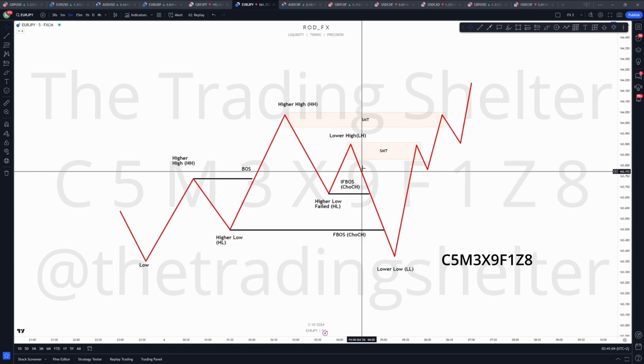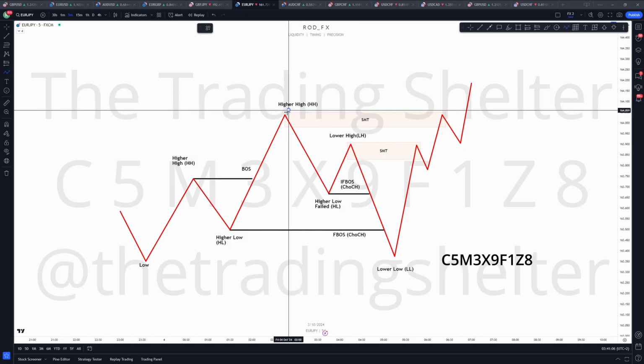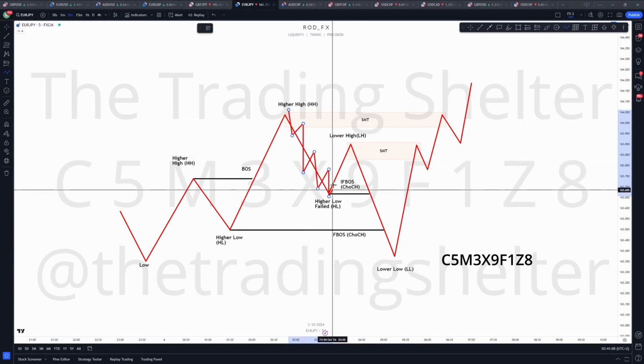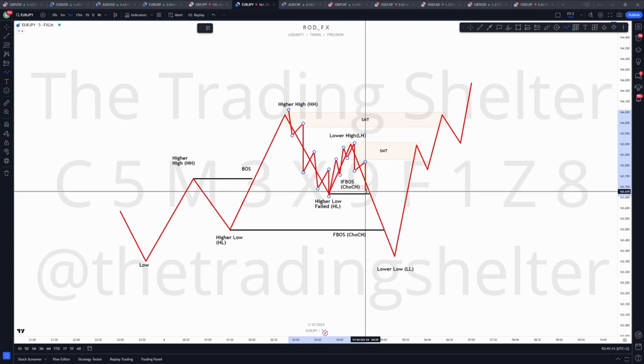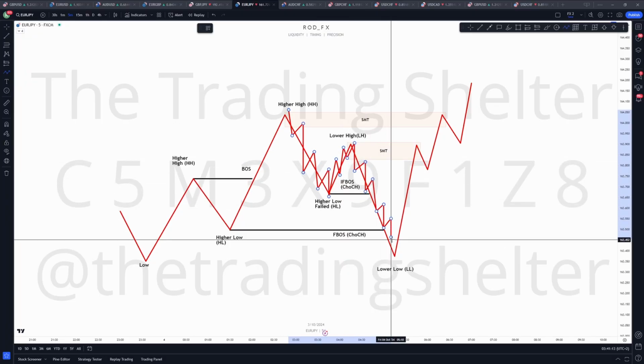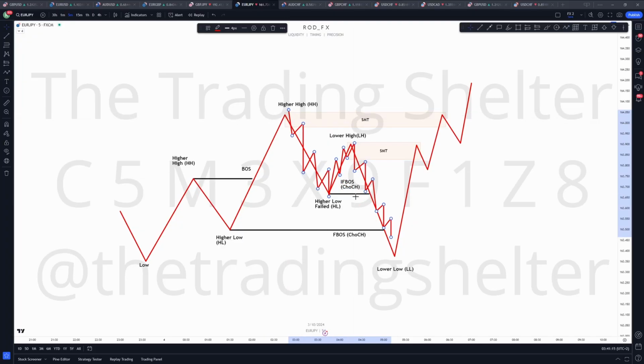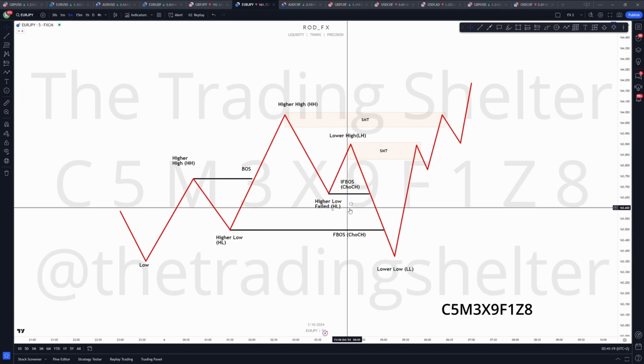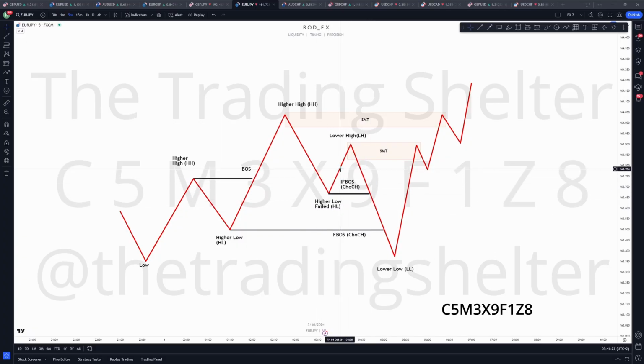But in this case, this is what we call the complex structure. But if you see it as a leg, it's exactly the same thing. I trade a lot with the FBOS because I'm a little bit more aggressive. I trade a little bit more refined, with a little bit more precision.